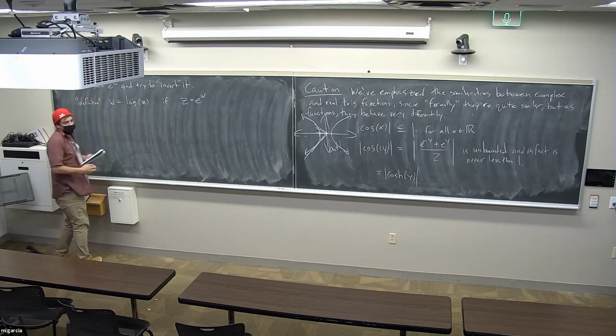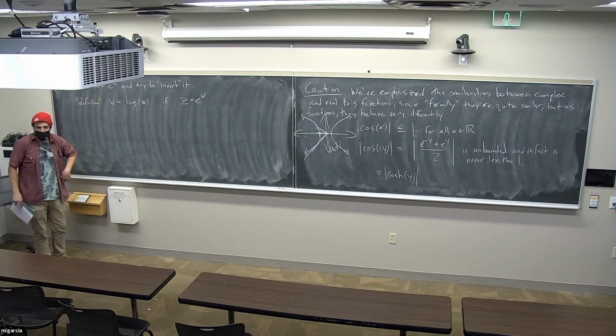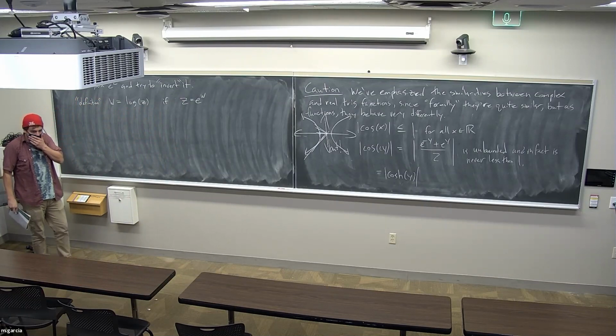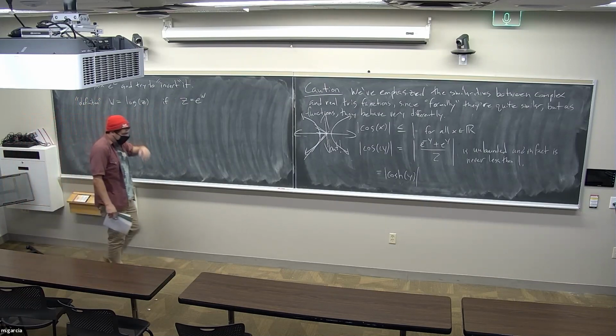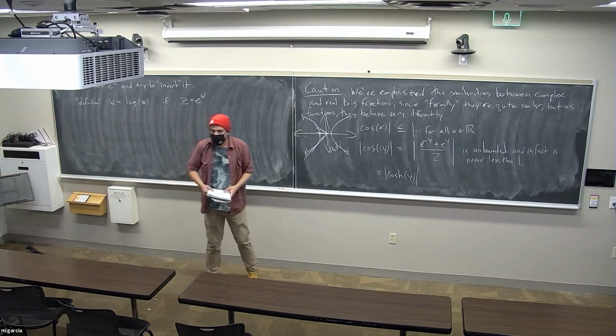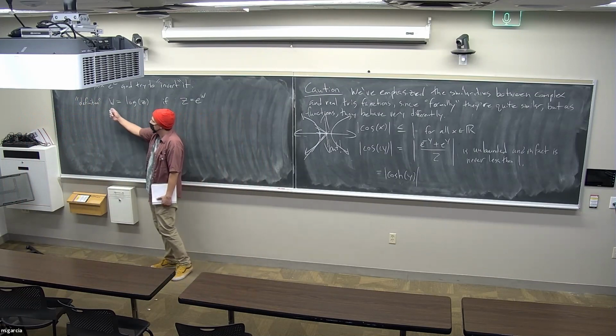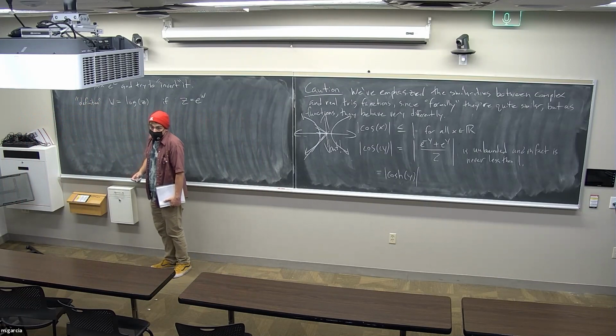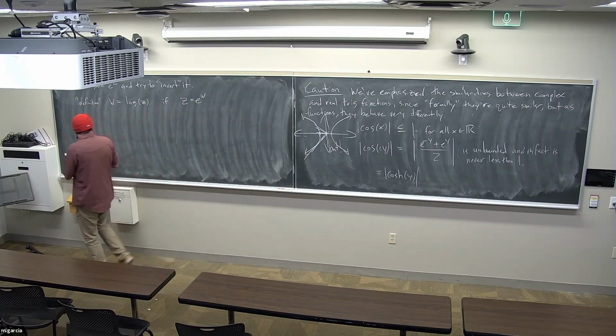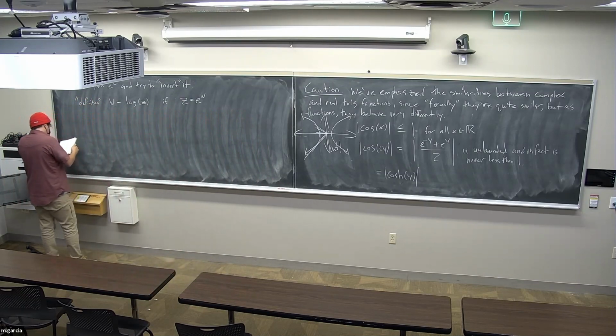This is my definition, quote unquote. I'm just going to start with this and see what kind of formulae I can produce for the real and imaginary components of w. See what I can say.